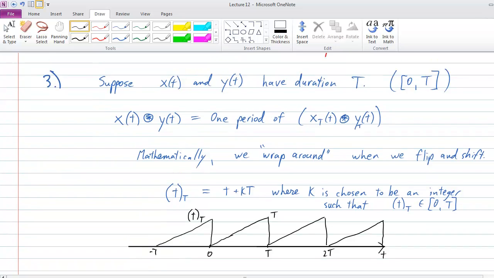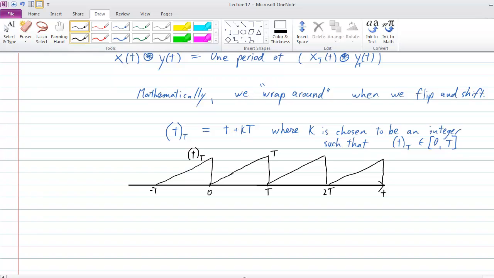Well, because now circular convolution can be written as x of t circular convolution with y of t equals the integral from 0 to t of x of tau times y of t minus tau in this operator.